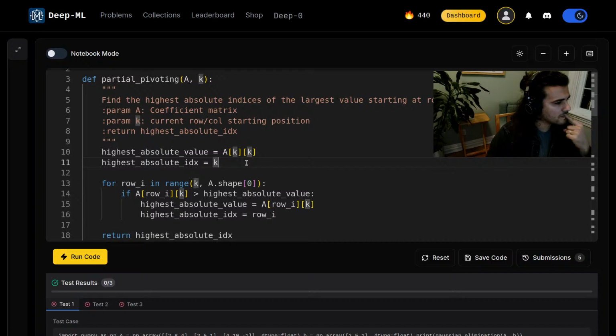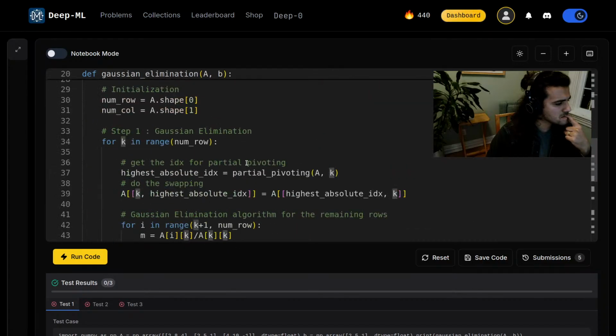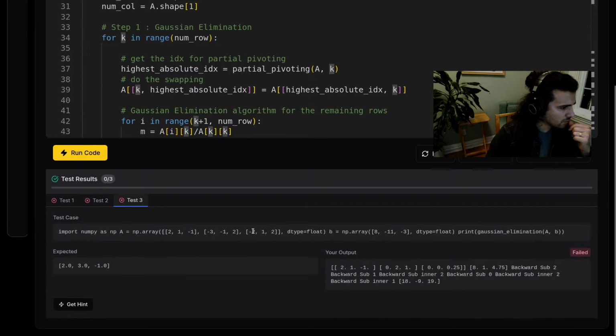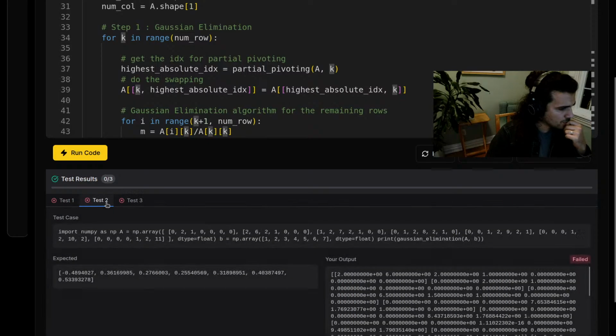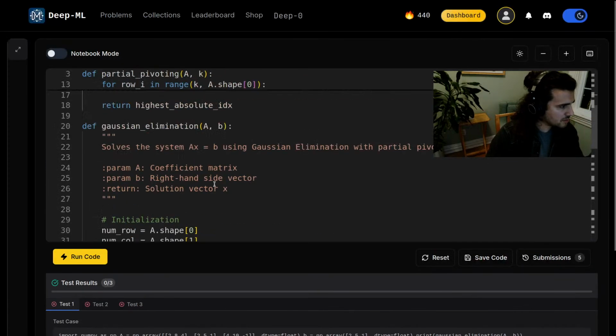Maybe it's this part. It's always a square matrix, right? I think it's always a square matrix that we're working with. 3, 3, 3, yes. So it's always a square matrix, so that's good.